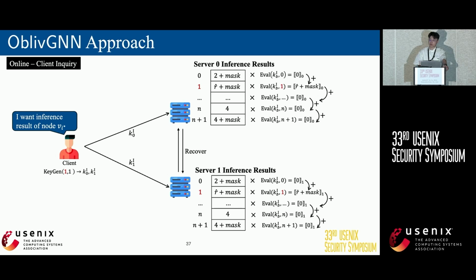Only node 1 can be evaluated with a 1, and everywhere else is a 0. The client can then combine the shares from the result and demask for the plain results. This is a direct application of DPF, so we call it private information retrieval. It not only protects all the node labels, it also protects the access pattern when retrieving the inference result.